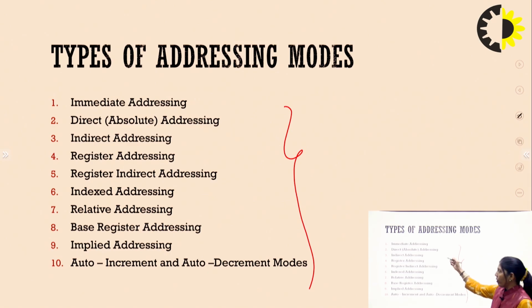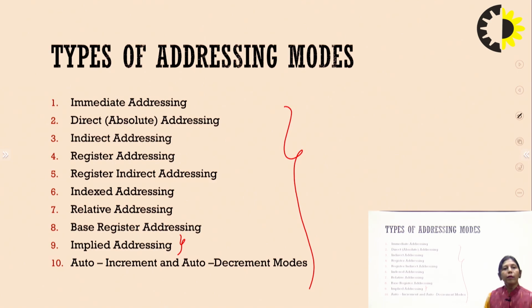Whether it is register, or register indirect, it is addressed by having some initial value in the index register, or it is having the value in some base register, or it is the instruction only that is having the operand. That's the case of implied, where the operand can be implicitly given, or it can be explicitly given in immediate addressing.